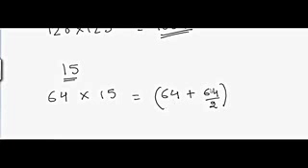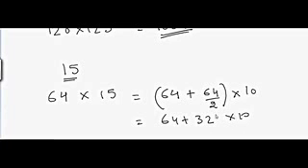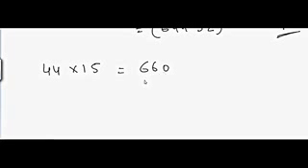So that will be equal to 64 plus 32 into 10, and that's equal to 960, right? So let's do it quickly. Suppose I have 44 and want to multiply by 15, so I know half of 44 is 22, so that will be equal to 66, and then a 0, so that will be 660.